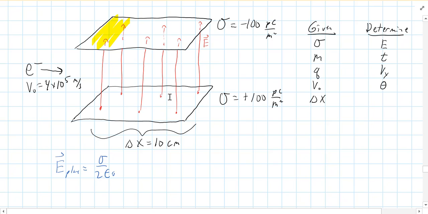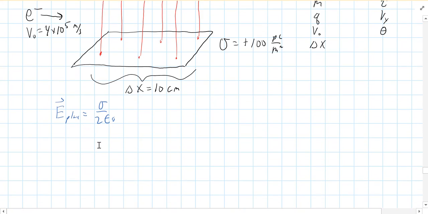If I just had the bottom plane, that would make a field up of that strength. But I also have the top plane making an additional equal field up. So the net electric field between the two plates will simply be sigma over epsilon naught.